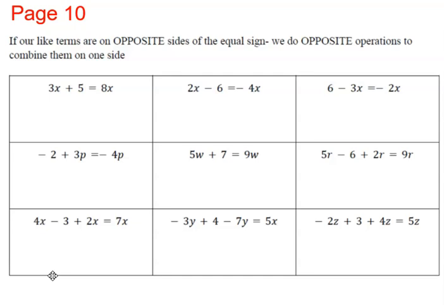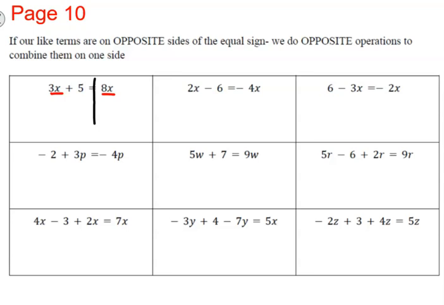So we do opposite operations to combine them on one side. Notice that I have a 3x and an 8x. Those are like terms, but they are on opposite sides of our equal sign.